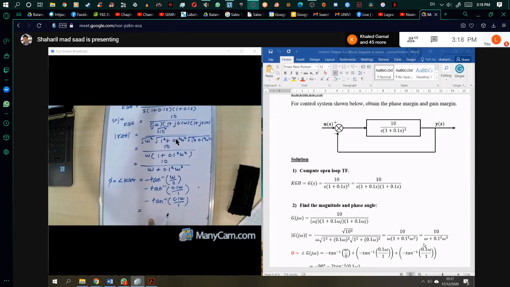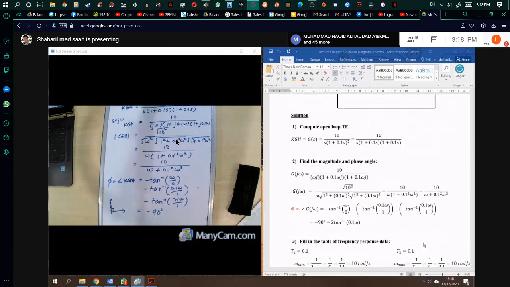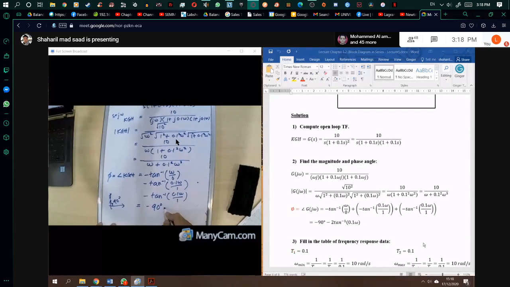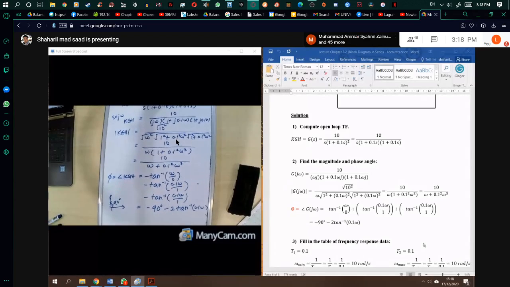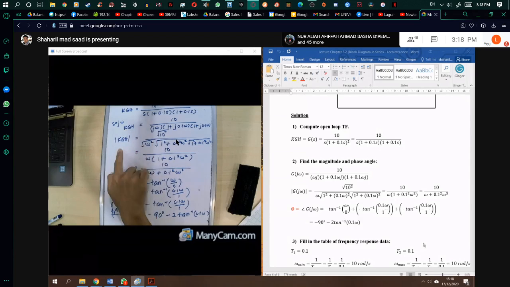Then you got minus 90 degrees, right? Omega over 0 means the graph will be at this point, 90 degrees here, right? Because there is a minus, and then minus 2 inverse tangent of 0.1 omega, for KGH, right? And also you get this one.